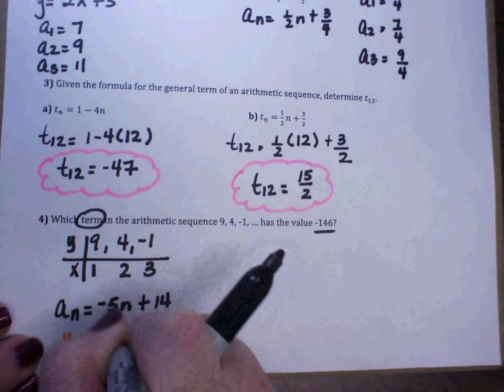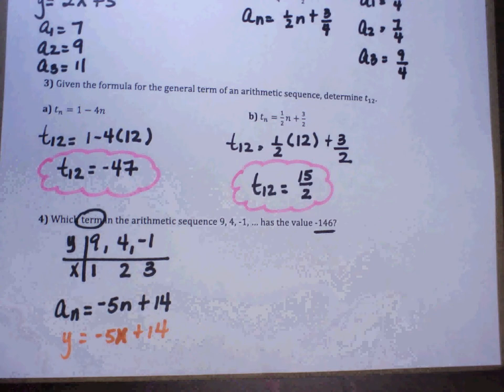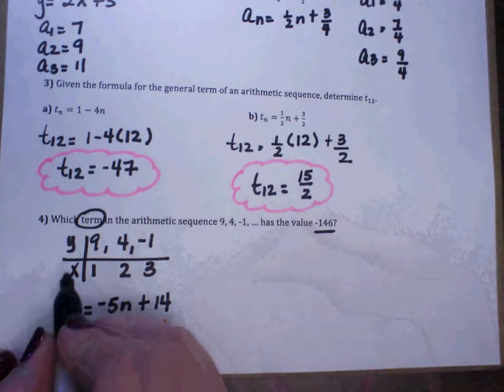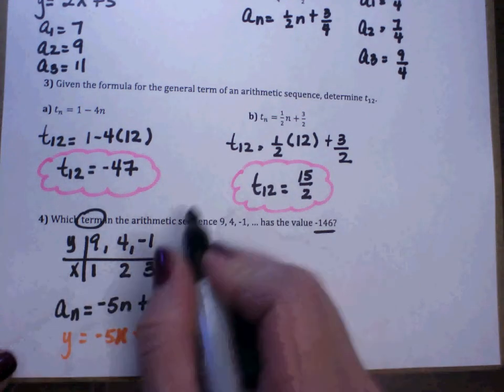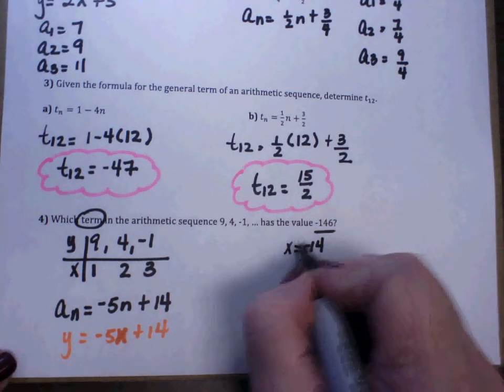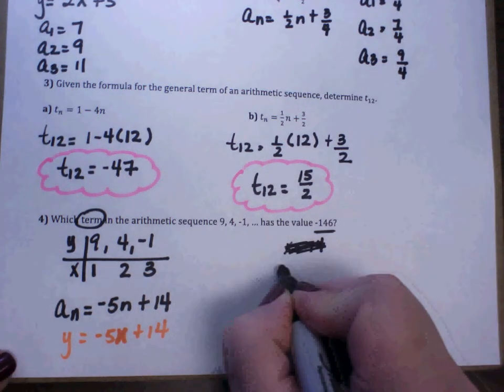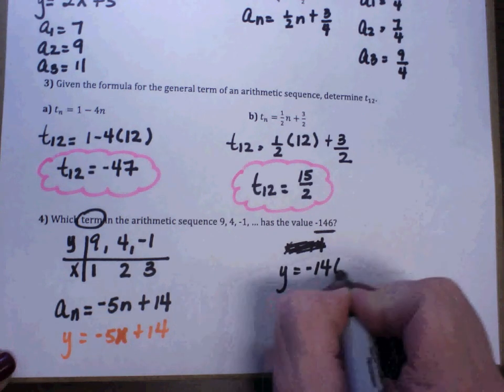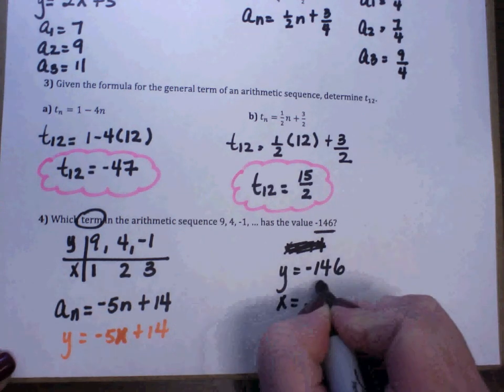Should be an x, right? The term is this one right here. So when y equals negative 146, what is x?